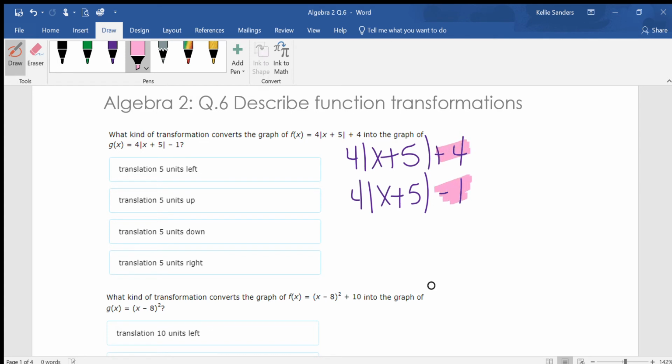Our up and down changed. It went from positive 4 to a negative 1. So what happened? We went down 5 units. The left and right didn't change. The slope didn't change. So it was just that number right there.